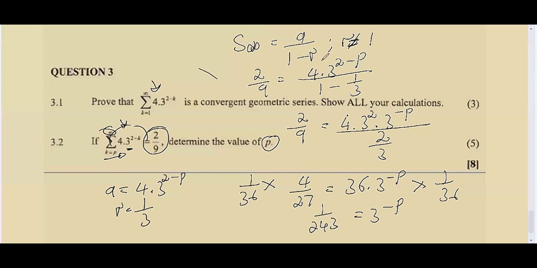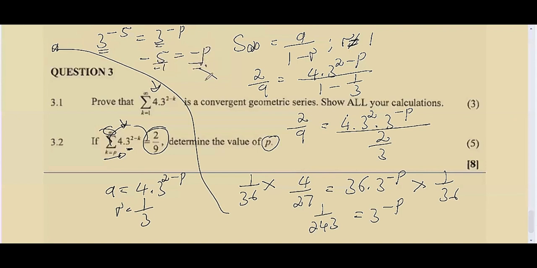But then we know since it is 1 over 243, it should be 3 to the exponent of negative 5. And then it's equal to 3 to the exponent of negative p. Now look at this. The bases are the same. I can drop down the exponents. That's negative 5 is equal to negative p. Dividing both sides by negative 1, then my p is equal to 5, right? And just like that, you have found your value for p.